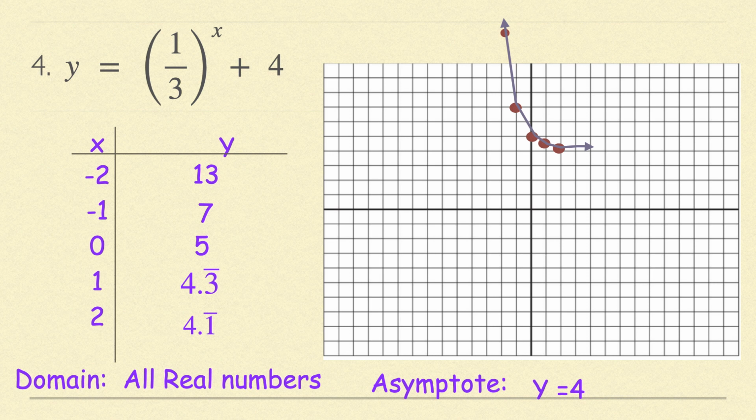And if you're not adding or subtracting anything, your asymptote is going to be y equals 0. So in the case of exponential equations, whatever I'm adding or subtracting is my asymptote. And then from there I can get my range. That means that the range is going to be greater than 4.